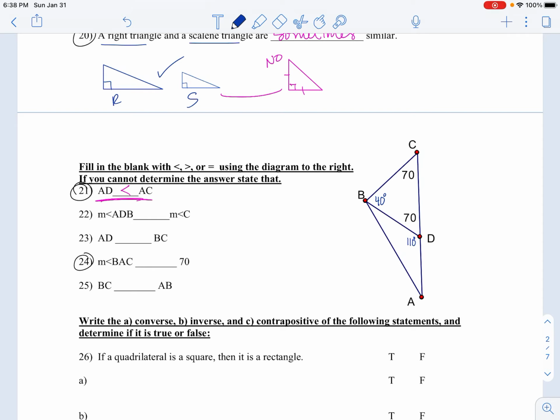And now, let's see. So I might start out by saying, okay, well, BAC is this angle here, so maybe I want to look at the whole thing, but I don't know anything about 70, and I don't know what this is down here, and I don't know what this angle is here, so I actually need to go backwards and think about something else.